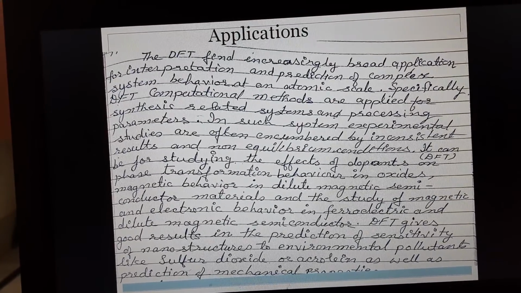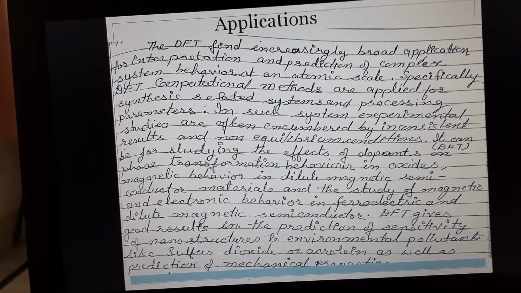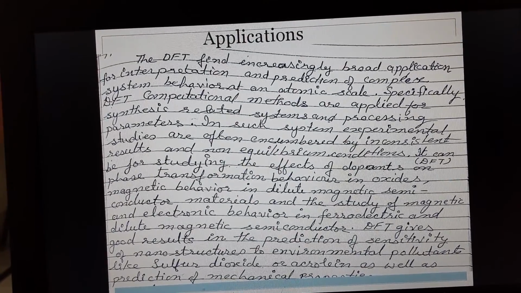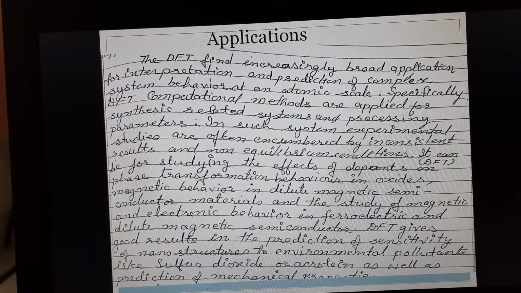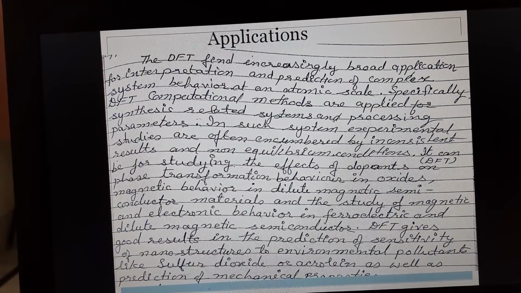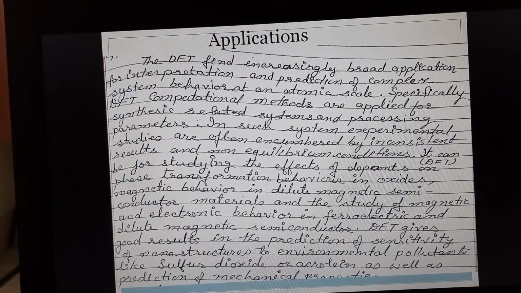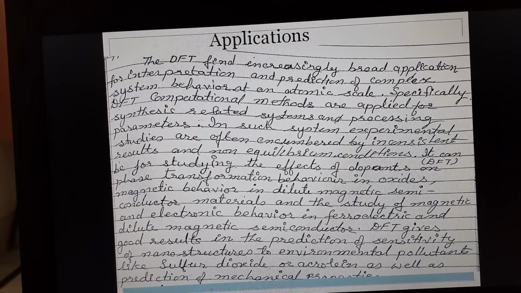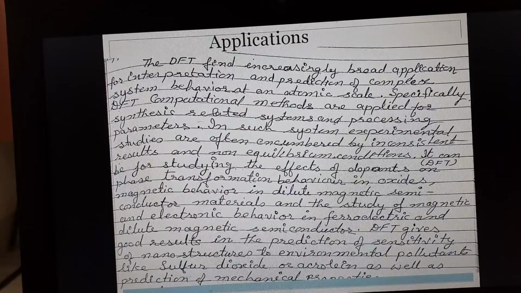DFT gives good results in the prediction of sensitivity of nanostructures to environmental pollutants like sulfur dioxide or acrolein, as well as prediction of mechanical properties.